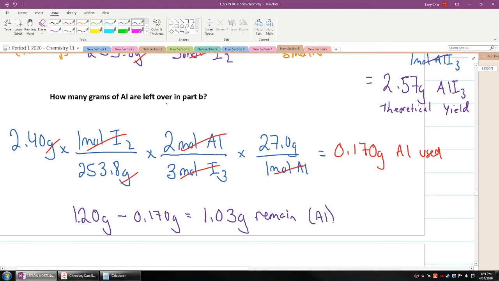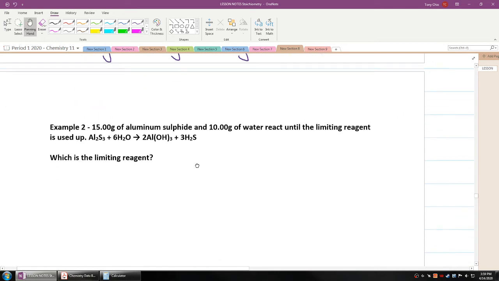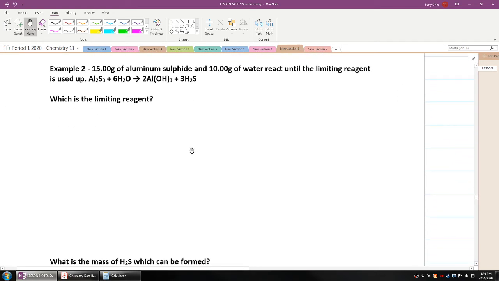So after all 0.170 grams of aluminum is used, we're going to remain with only 1.03 grams of aluminum. So that's how we find how much aluminum is remaining: we find what we started with and subtract what we used. Let's practice that with our next equation.